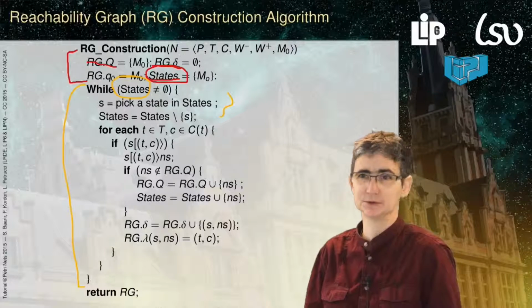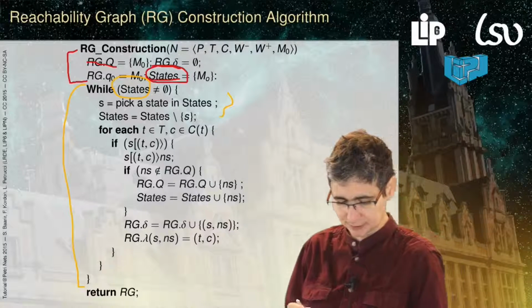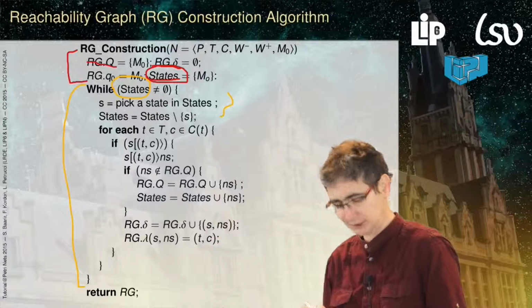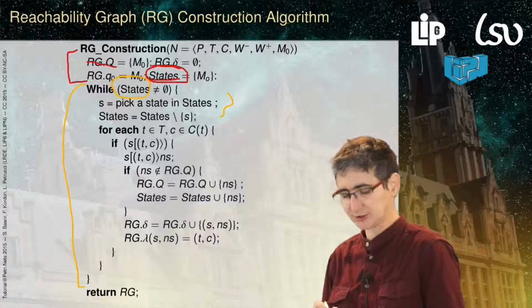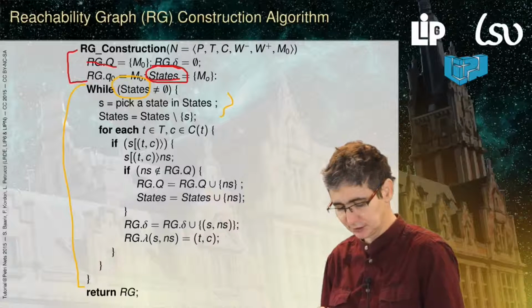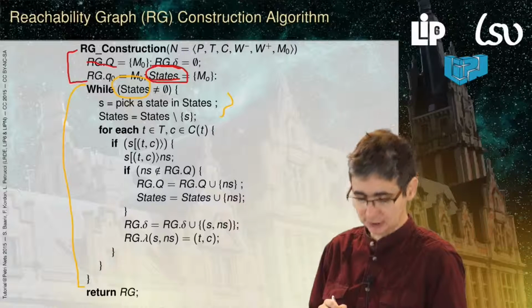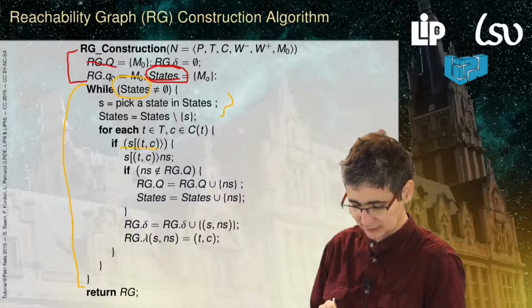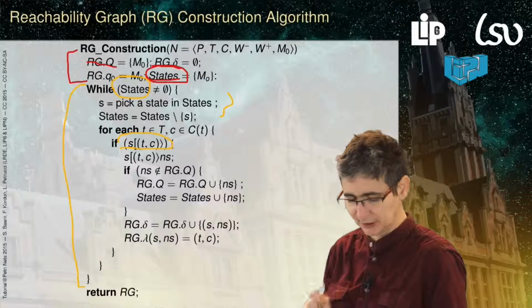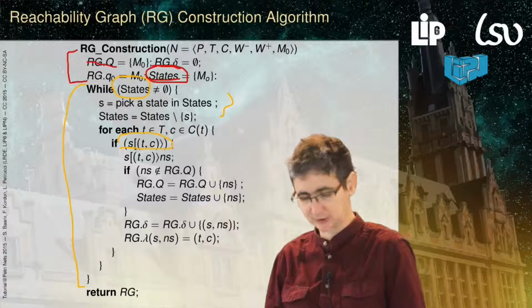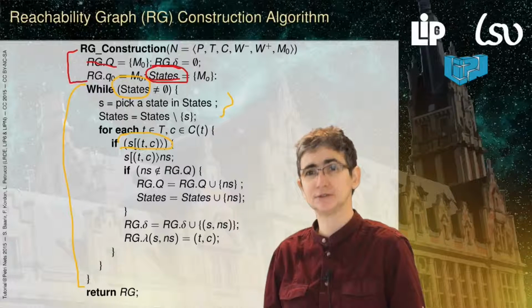So in the end, we don't need it anymore in the set of states to handle. And for each transition, and each possible color of the transition, if the transition is enabled with that color in that state, so that is the condition here, that means I'm in a state, I have a transition T with a color C that I can fire.